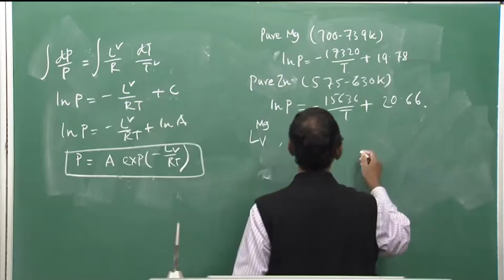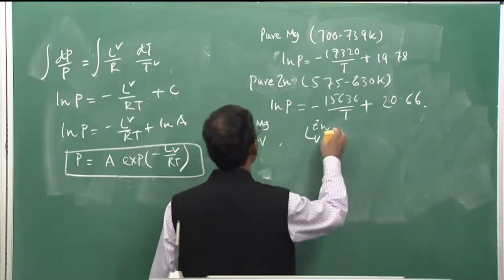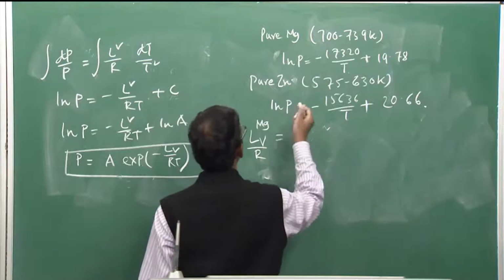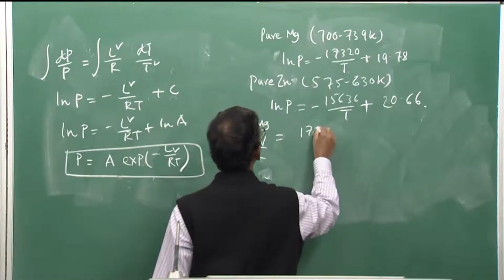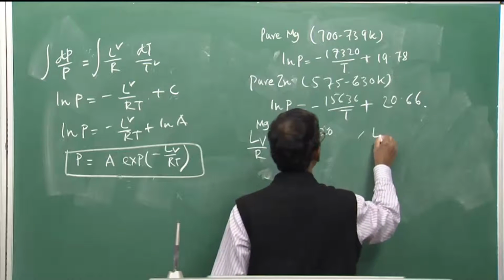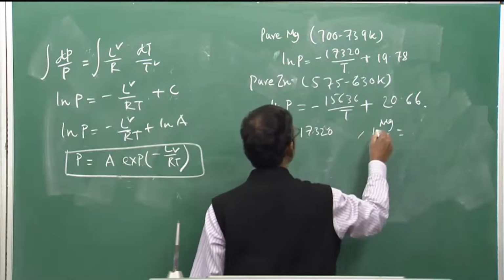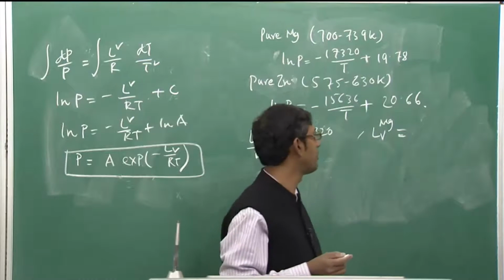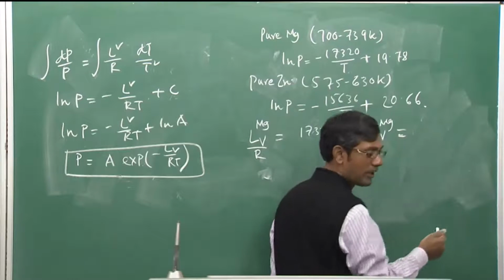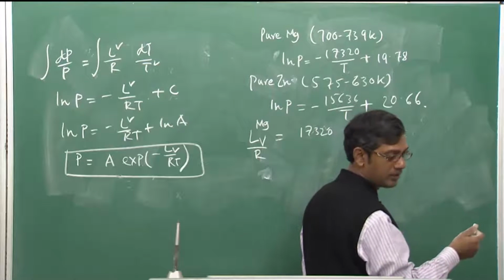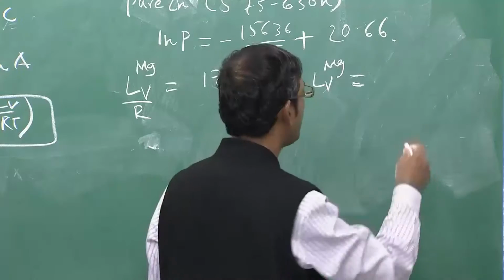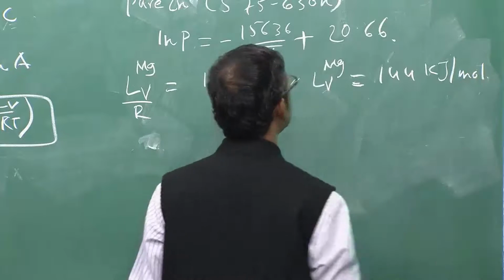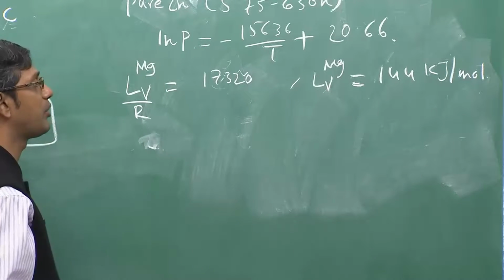LV by R equals 17,320, so LV is this multiplied by R, and R has a value of 8.314 joule per mole per Kelvin. That will give you something like 144 kilojoule per mole. This is the latent heat of sublimation for magnesium.